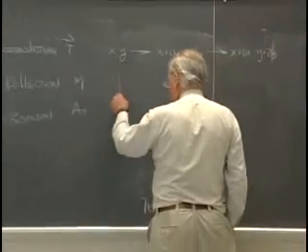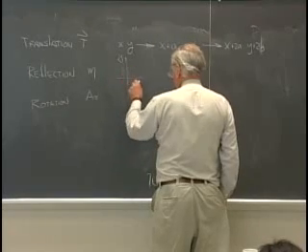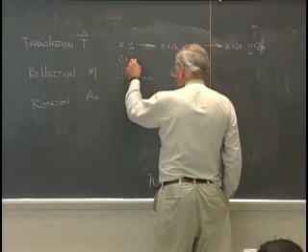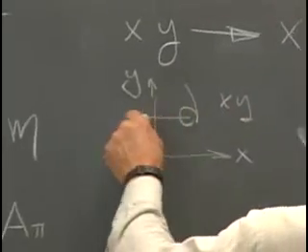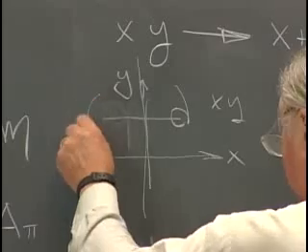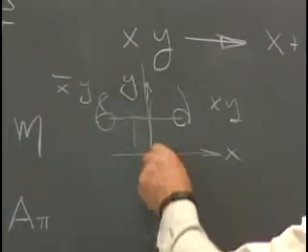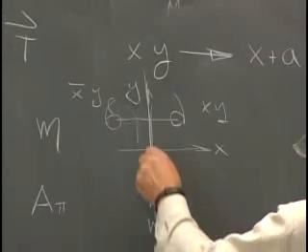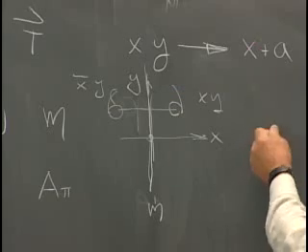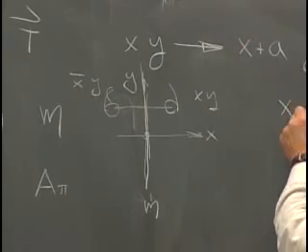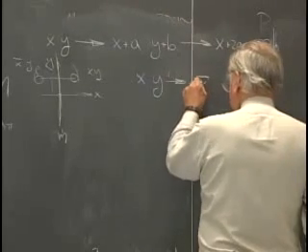If we have a reflection plane, and let's set up a coordinate system where this is y and this is x, we have an object here at the location x, y, and we reflect it across this locus, it goes to minus x, y if the mirror line runs through the origin and is perpendicular to x. So one example of a transformation by reflection is that x, y goes to minus x, y.